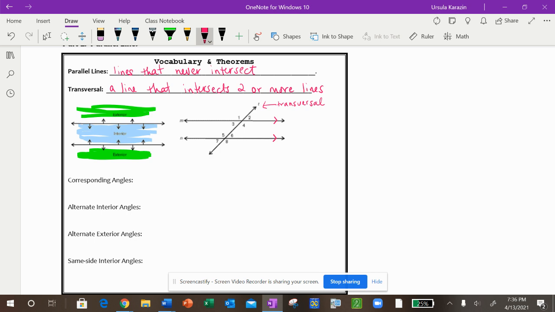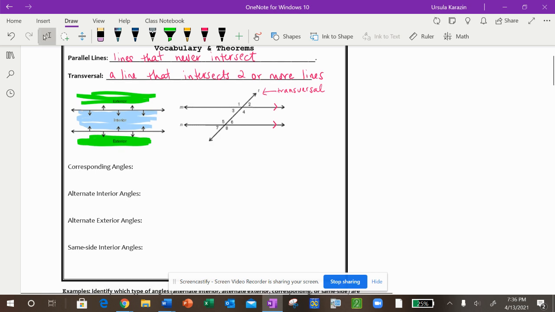And these angles have special names based on where they are in relation to each other. So there are angles that are called corresponding angles, and these angles are in the same position in relation to the parallel and the transversal, or the other parallel and the transversal.